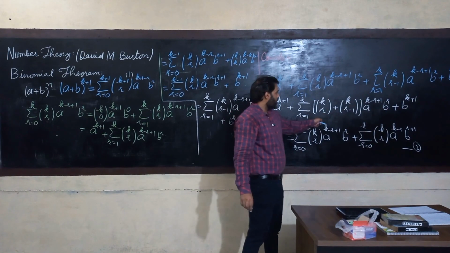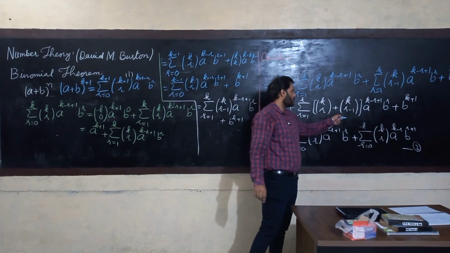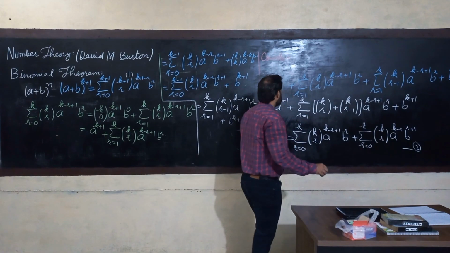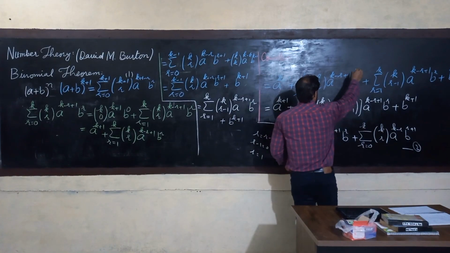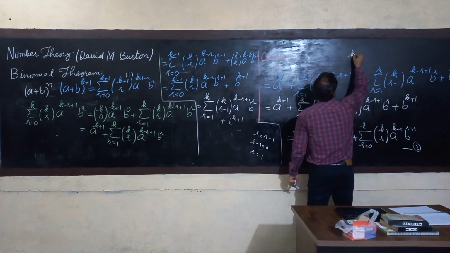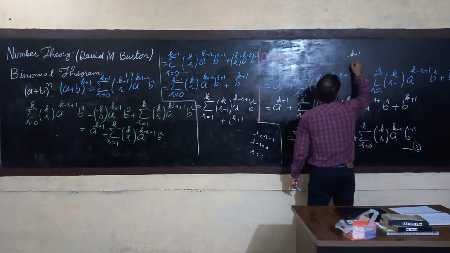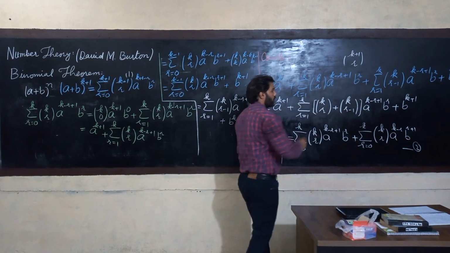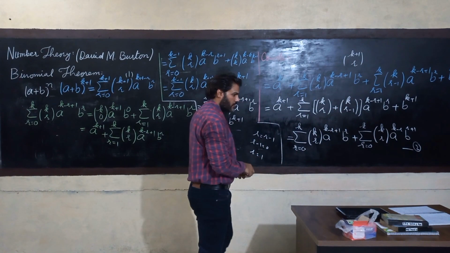These are the two consecutive combinations. So the sum of these two is equal to k plus 1 choose r. So we replace this with k plus 1 choose r.